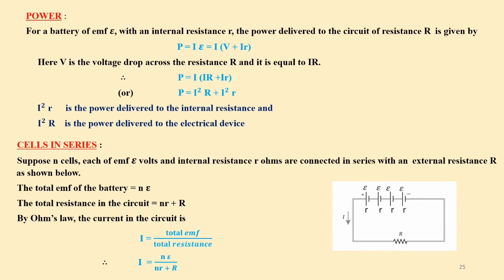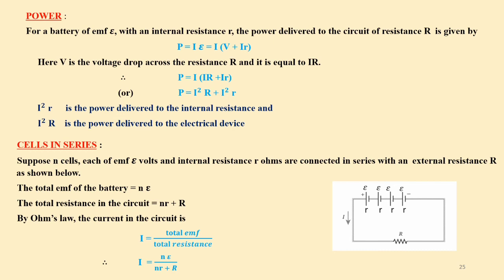Now we are going to discuss the combination of cells. First, cells in series. Suppose n cells each of EMF E volt and internal resistance small r ohms are connected in series with an external resistance capital R as shown below.